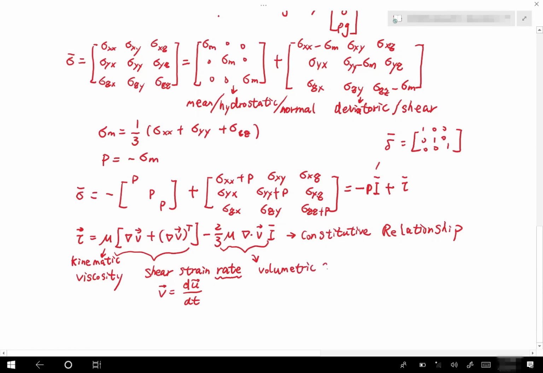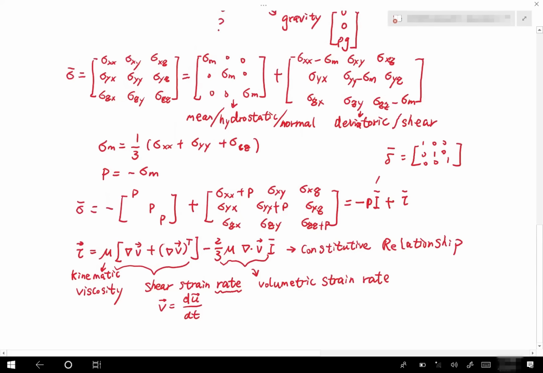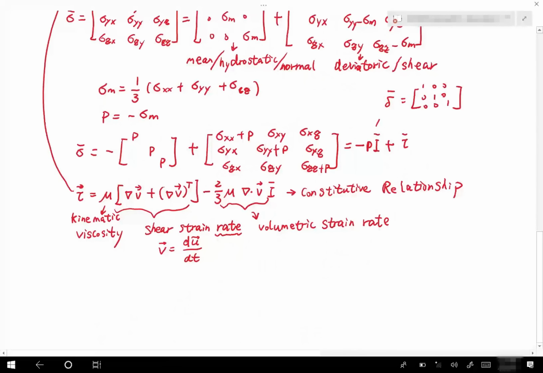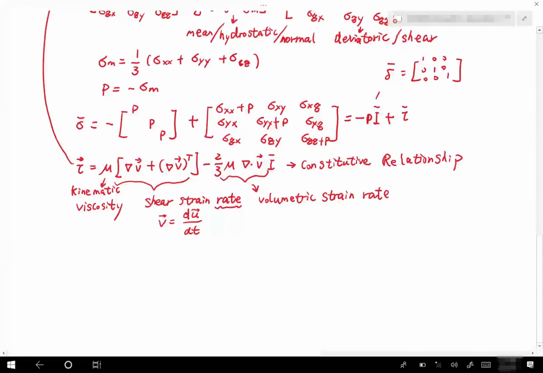Then, with this, we just substitute this constitutive relationship back into that general equation that we derived for the momentum conservation in fluid movement. So we substitute this equation to here. Then we can get the momentum conservation equation for fluid movement. So if we do that, we will get the following thing.